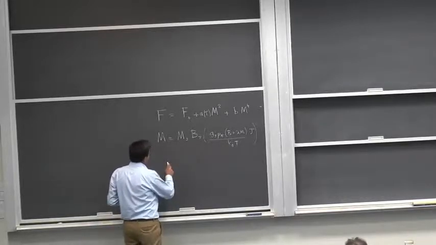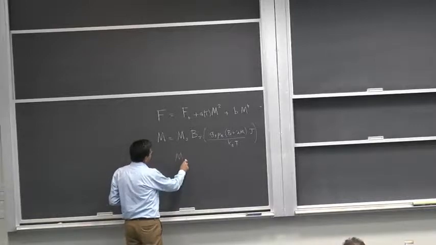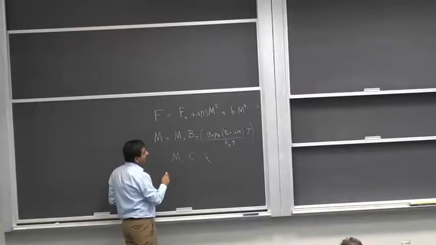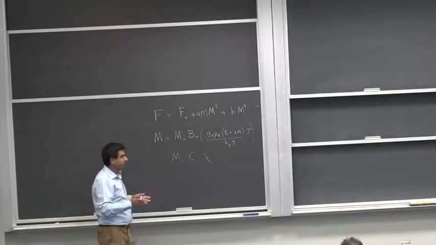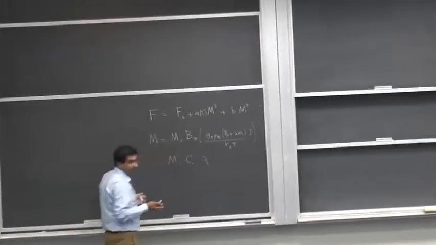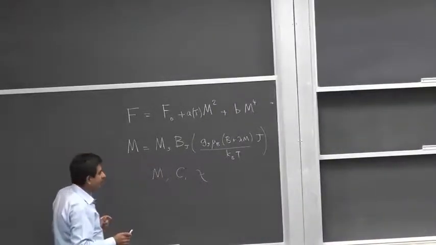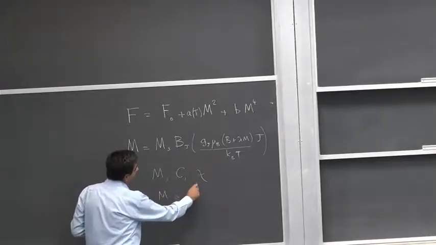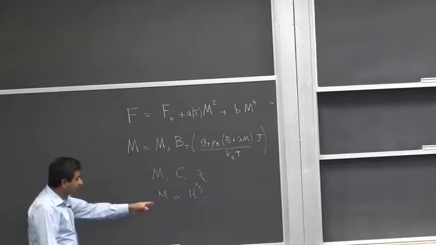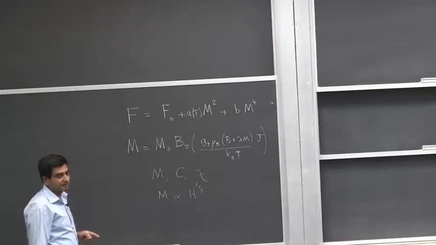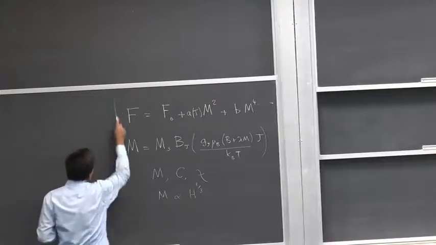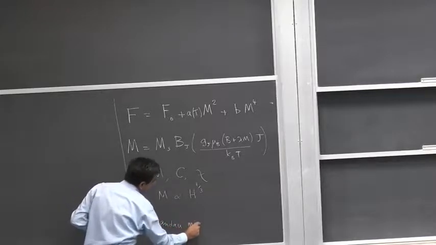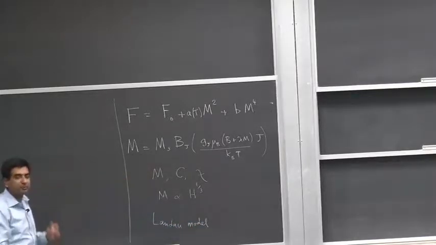For example, we were able to write down M, the heat capacity, the susceptibility, etc. in terms of powers of T minus Tc, or Tc minus T. We were also able to express M as a function of the field H. So the Landau model is a mean field model, and this is something we covered in the previous lecture. And it has the ability to describe properties of ferromagnets.